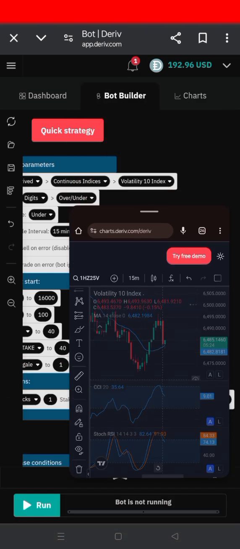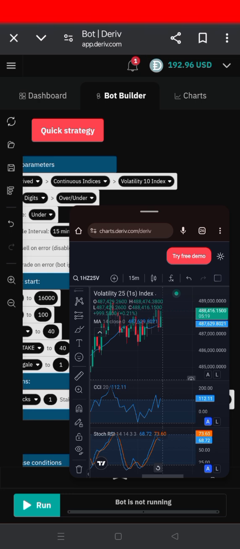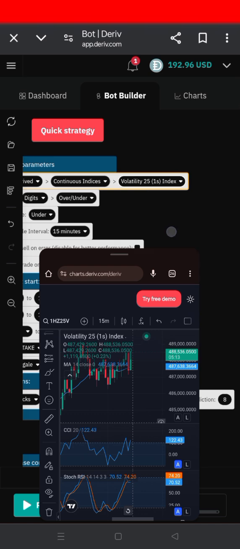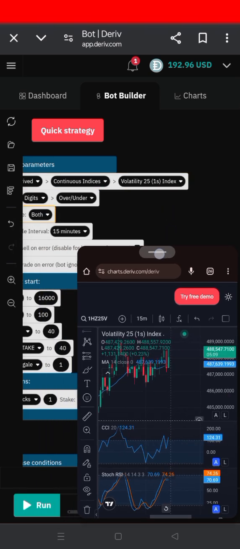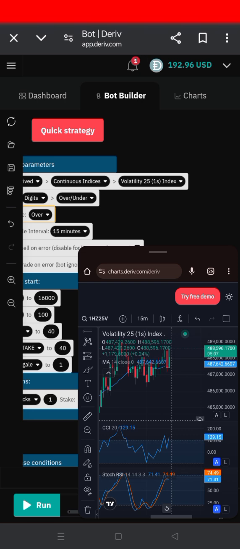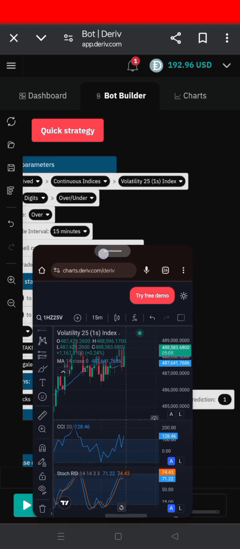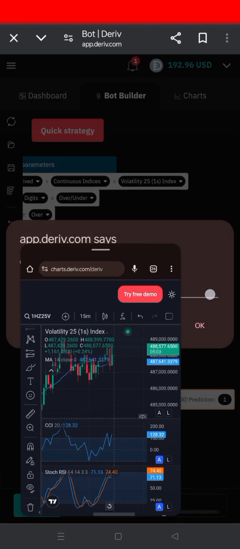This one does not show us the CCI, so we will look at the 25 1 second and give it the trial, because we can see the candlestick is above the moving average, the CCI is showing us an uptrend, and the stochastic RSI has crossed, so it's still showing us an uptrend.